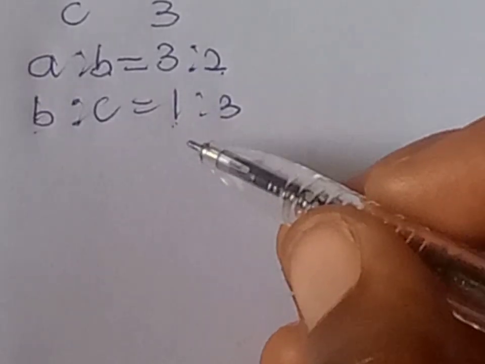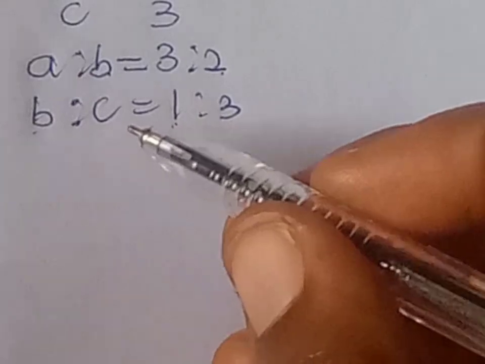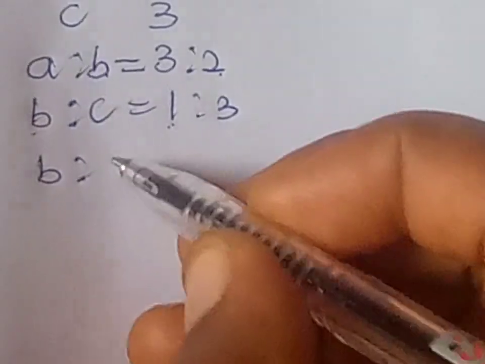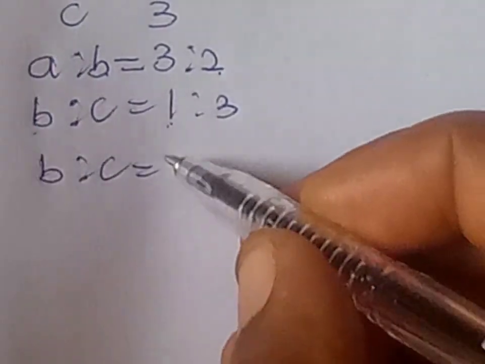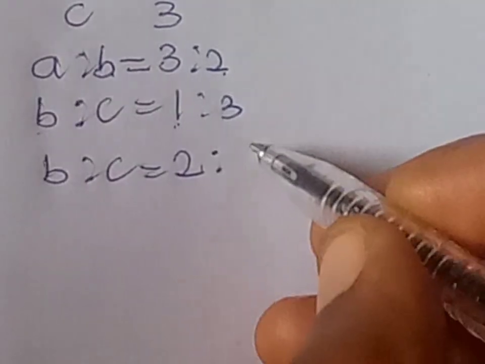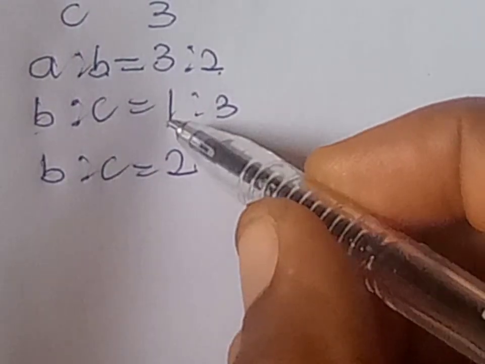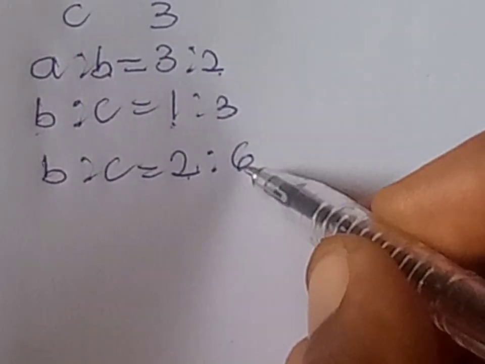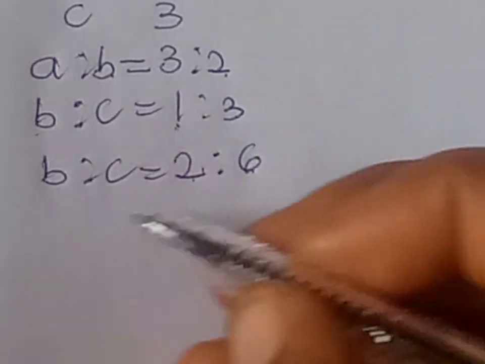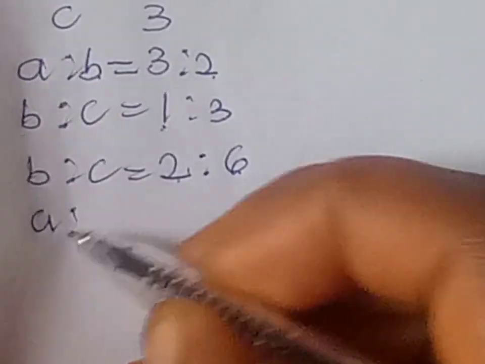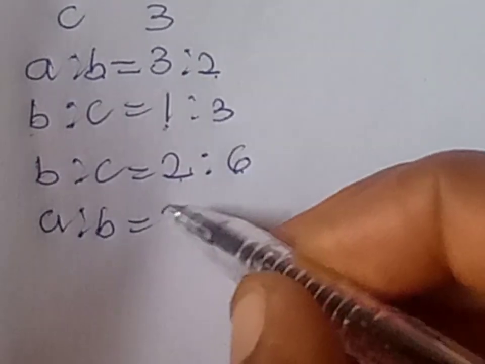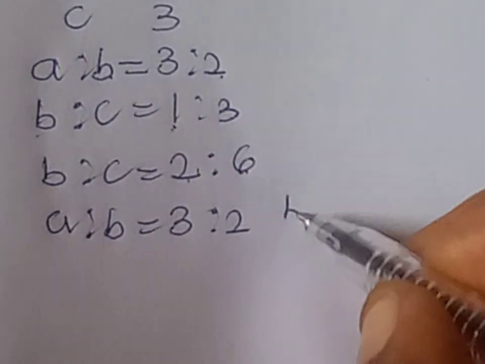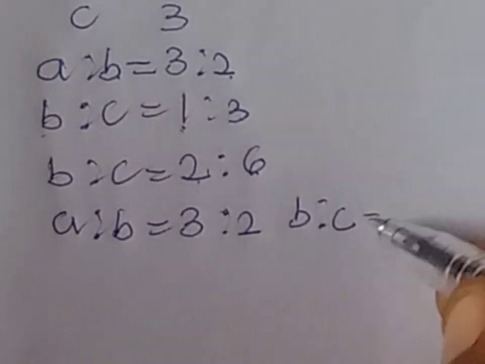So we are going to multiply the second ratio by 2. That is B ratio C gives us 2:6. If you multiply 1 by 2, you get 2, and 3 multiplied by 2, we get 6.